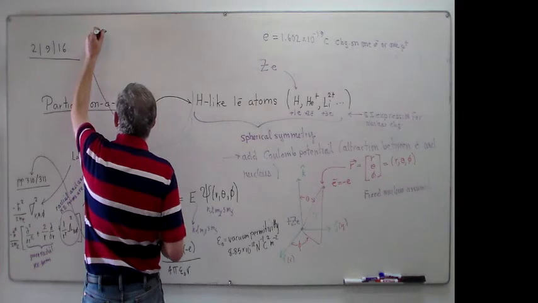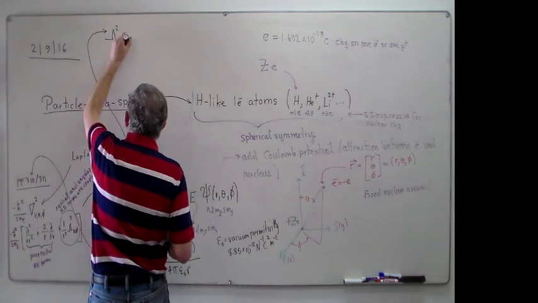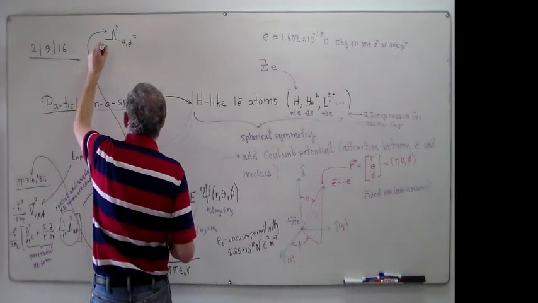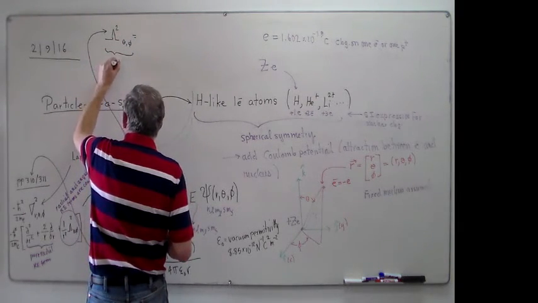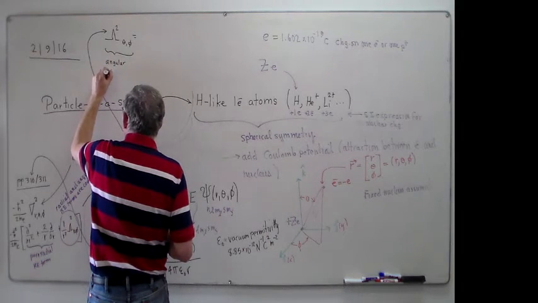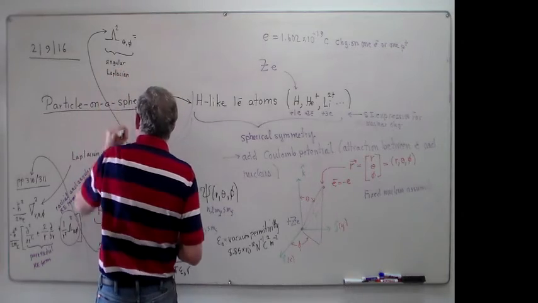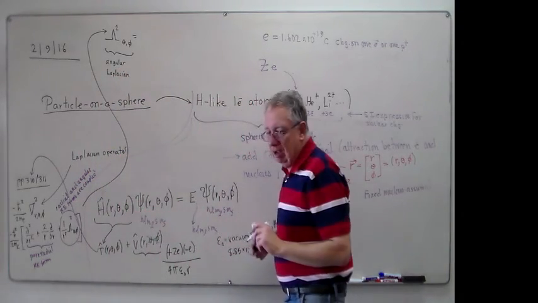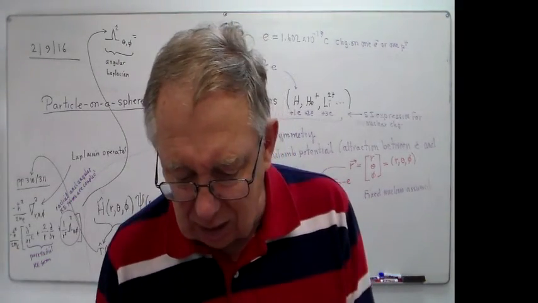Now, what is this lambda squared of theta and phi? This is the angular Laplacian. Okay, now, what does it look like?